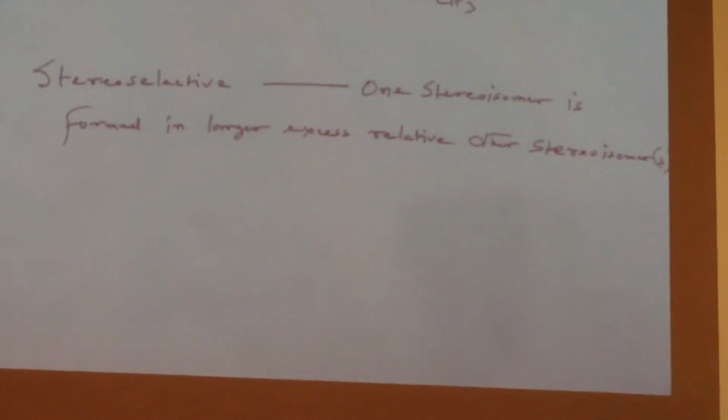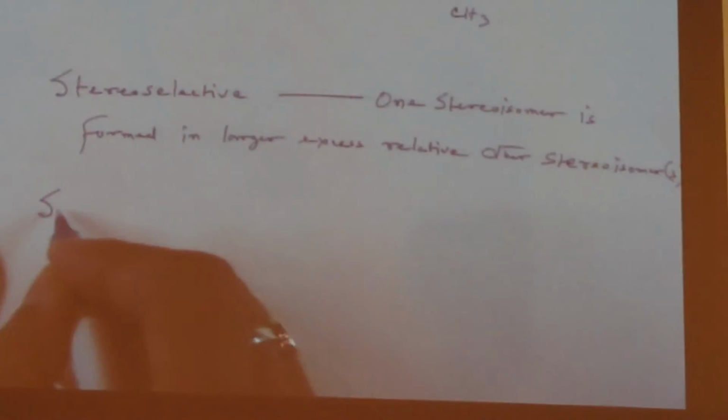It could be more than two for that matter in some cases. But most often we deal with one or the other. And of course, whenever it's 100%, you can also call the reaction stereospecific.